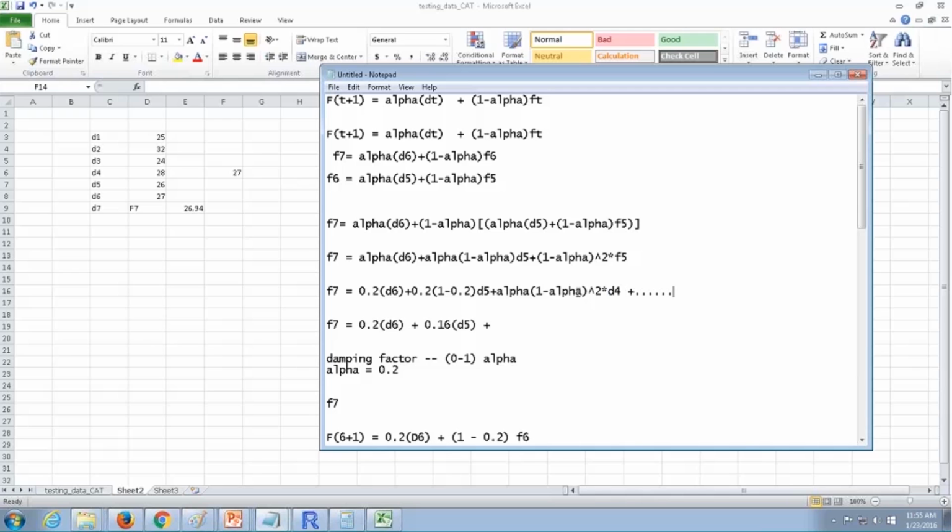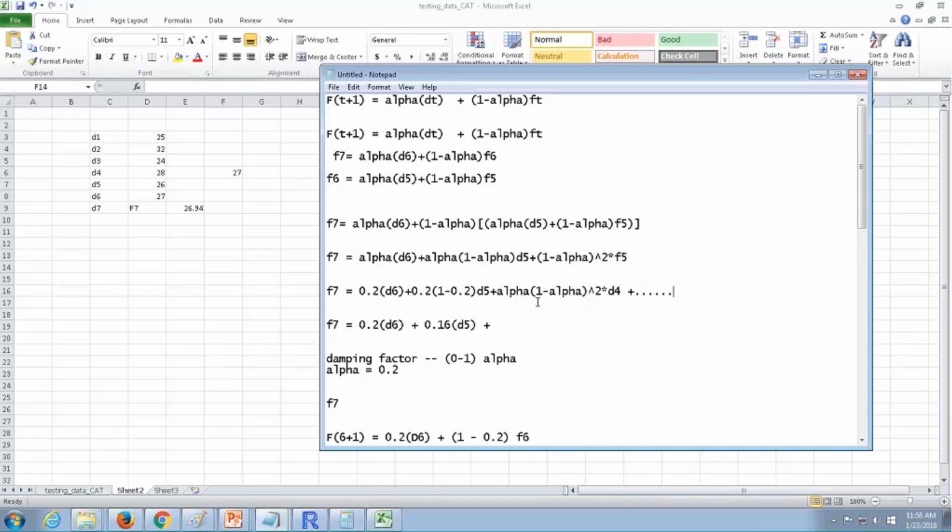Instead of F4 again I'm substituting the entire formula. So this is the way that it will go.